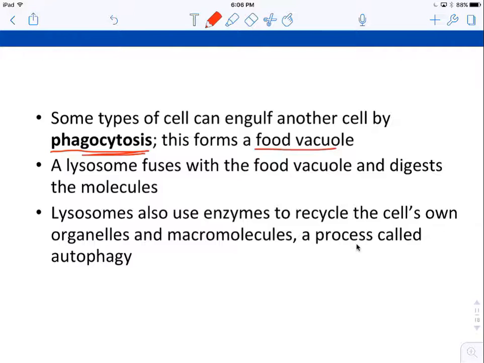That will give you a food vacuole, and then the food vacuole will fuse with the lysosome, and then the digestive enzymes will break down whatever was in the food vacuole. Lysosomes are also used to recycle the cell's organelles and macromolecules. So if you have damaged macromolecules or damaged organelles, they can be broken down into parts by the lysosome and then recycled back into new organelles.